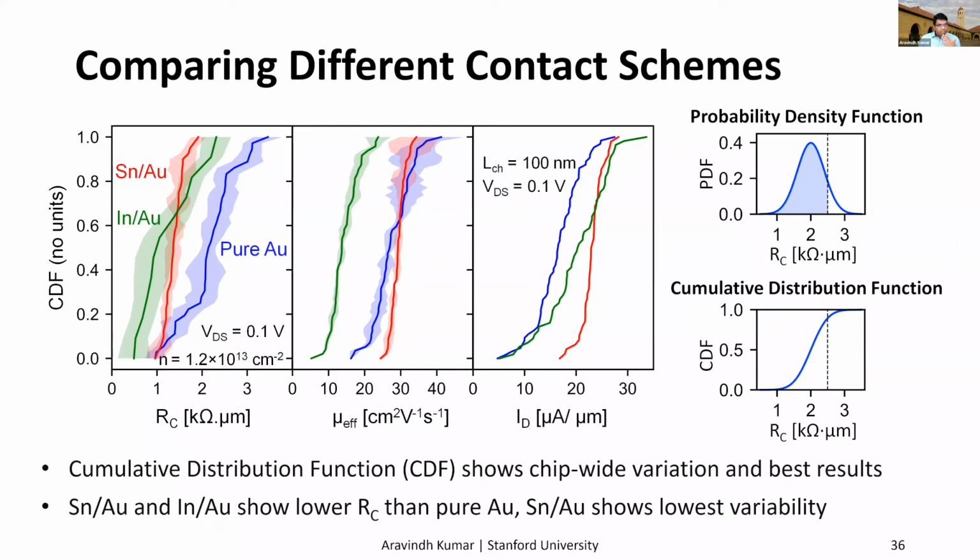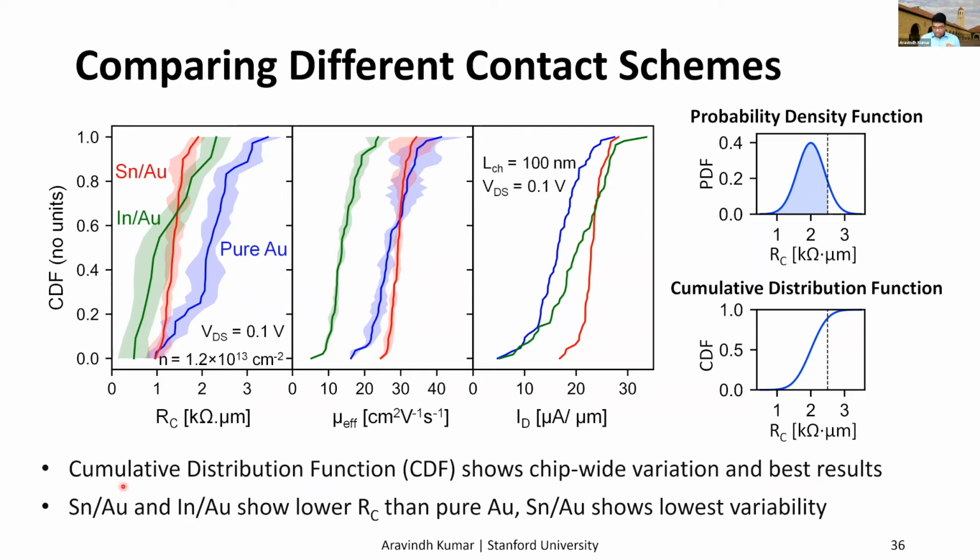One observation is that the indium-gold contact does the best in terms of RC, so it gives us the best contacts. But in terms of variability, the tin-gold contacts have the least variability. But the variability is strongly correlated between the RC and the mobility, which indicates that the MoS2 growth itself is the main source of variation.